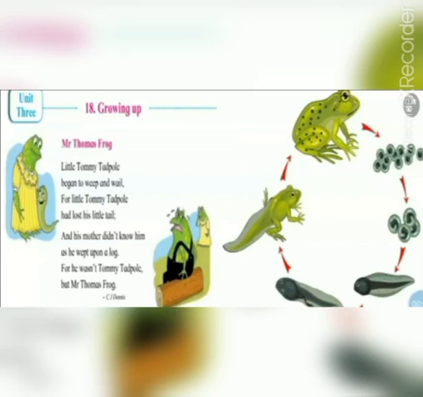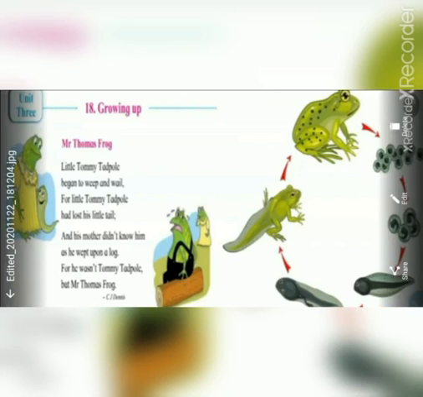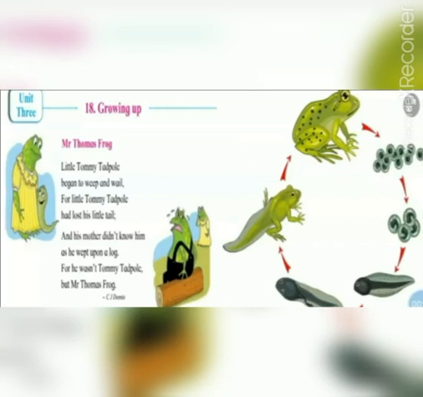The little Tommy Tadpole. Can you see the mother frog with the yellow colour gown? This Tommy Tadpole is very happy with its mother. But what happened? One day, this tadpole began to weep and wail.